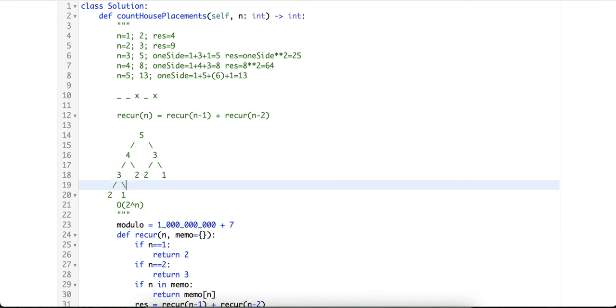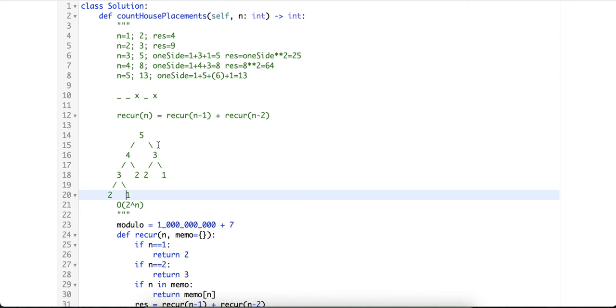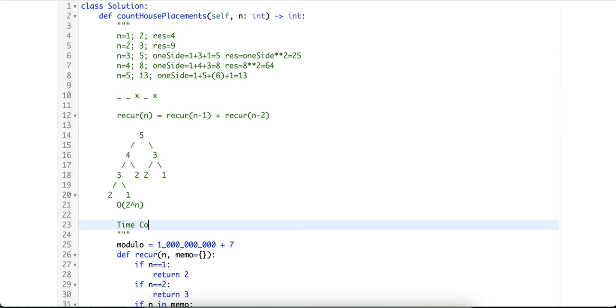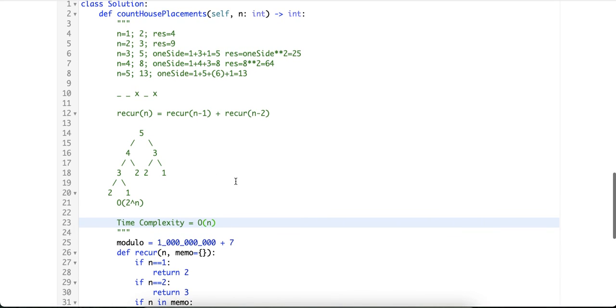So when we have memoization here, when we traverse that depth-first search, we already got everything. Then the rest we just need to take from whatever is in the memo. It means when we have the memoization, we only have to go through one side, the height of this. What is the height just now? The height is the n. So the time complexity becomes big O of n. That's it about the time complexity. Thank you for watching.